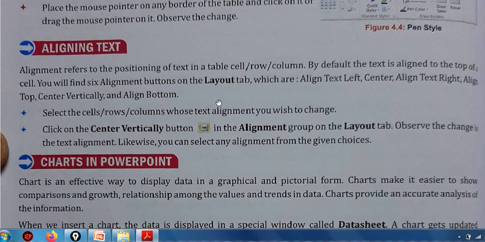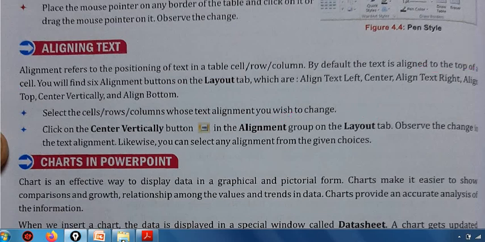So from the layout tab, alignment group, you can change the alignment of the text. By default the text is aligned at the top of a cell, right?